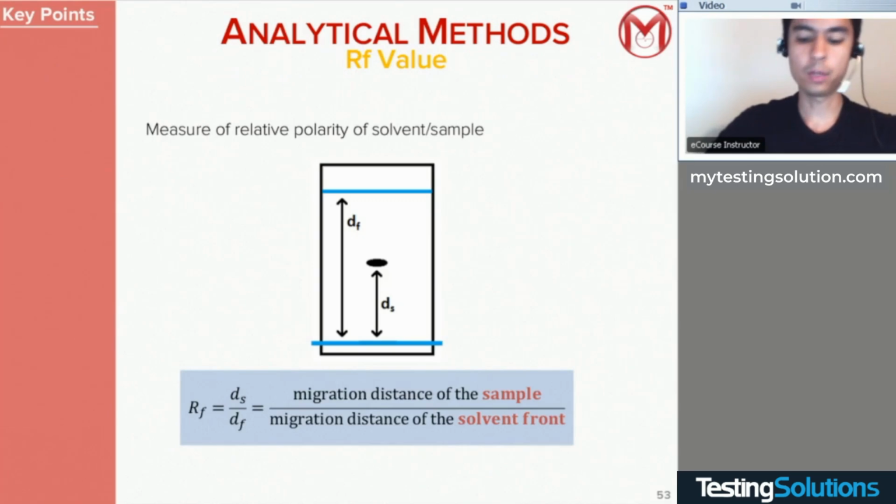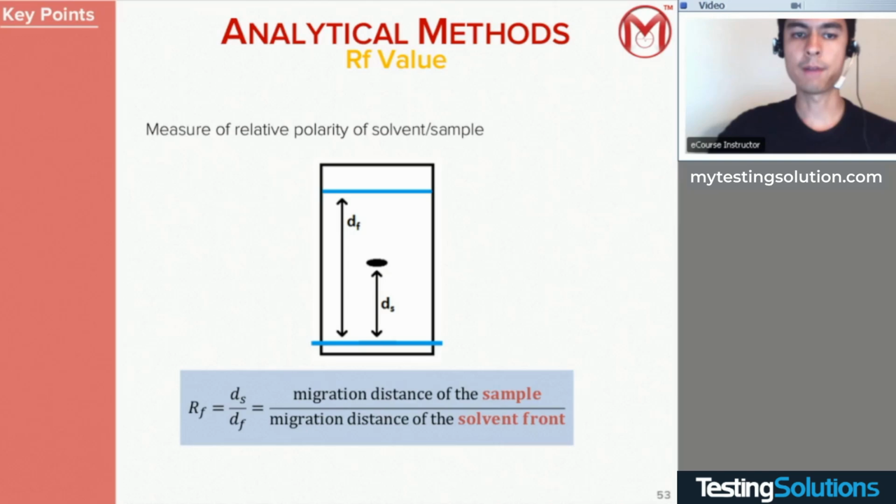One thing we can do to quantify what we're doing here is calculate the RF value. The RF value stands for retardation factor. That's what RF means. And it's a way to compare the relative solubility of a compound or the relative polarity of a compound to the mobile phase.